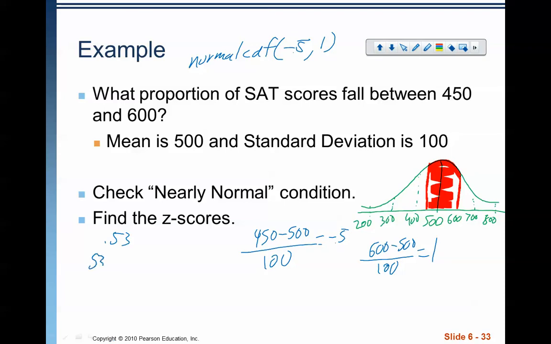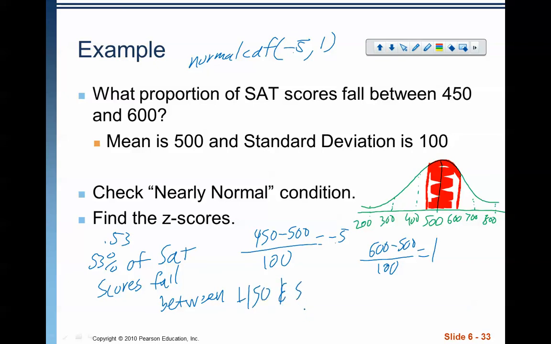So that means that 53% of SAT scores fall between 450 and 600. And I think this is math SAT scores. Yes.